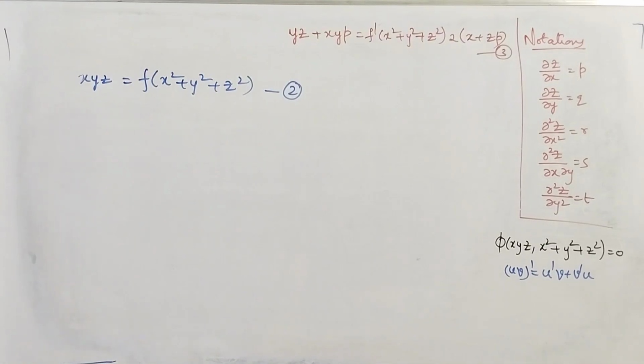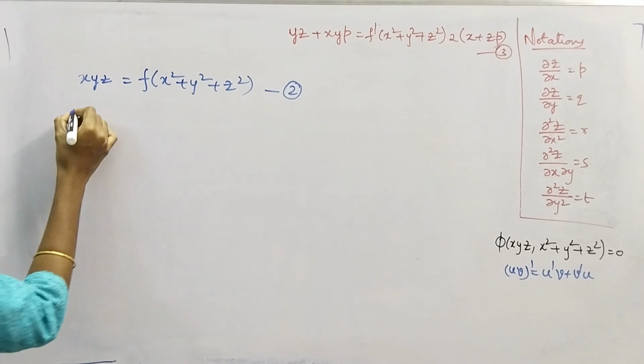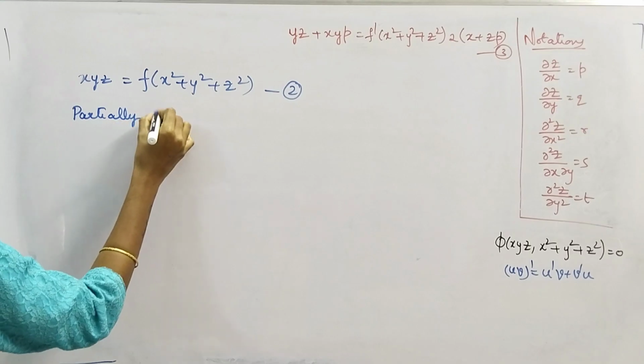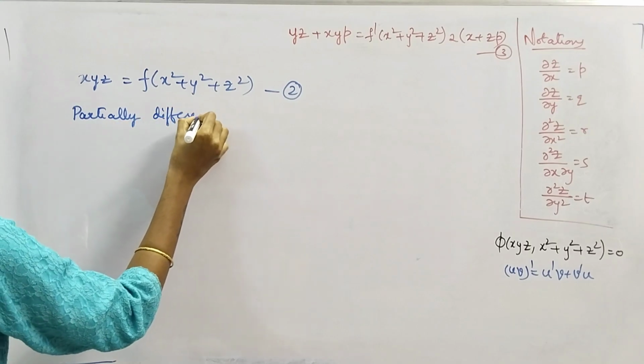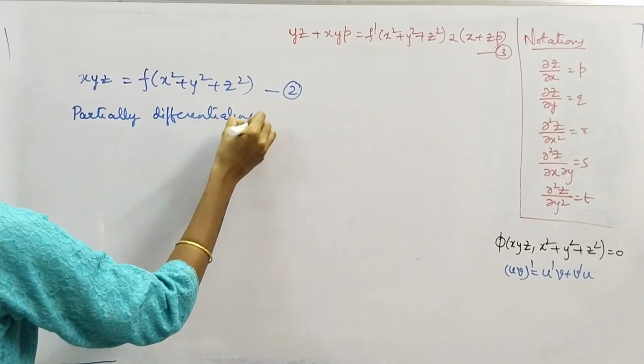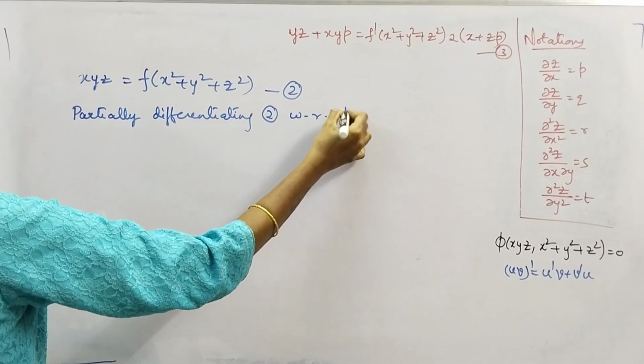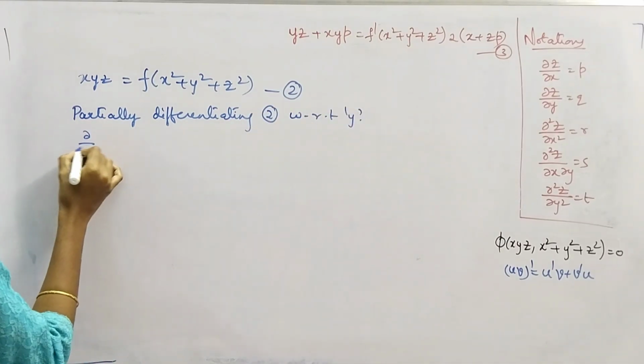Now let's partially differentiate 2 with respect to y. Just apply dou by dou y on both sides of 2.